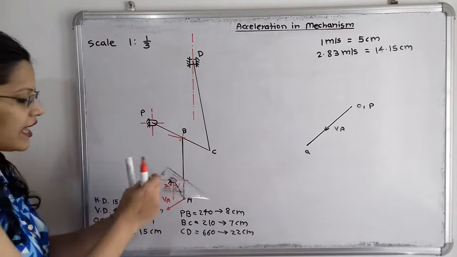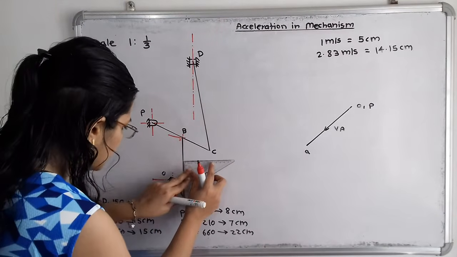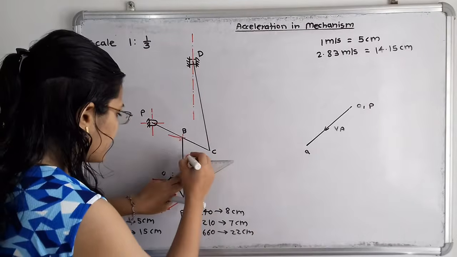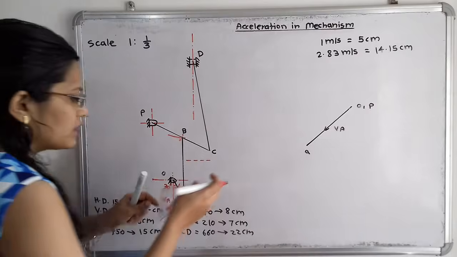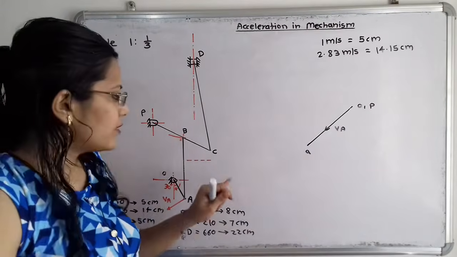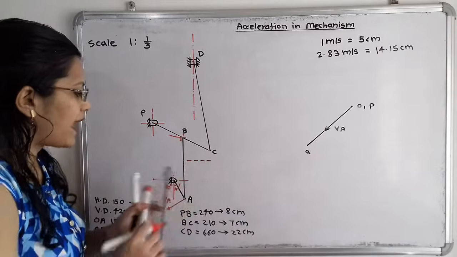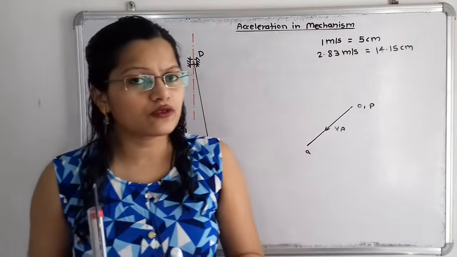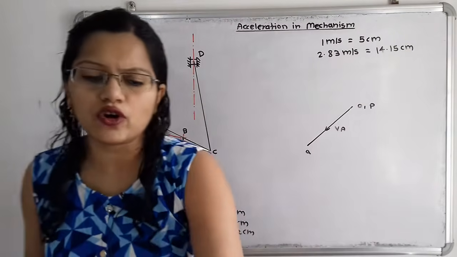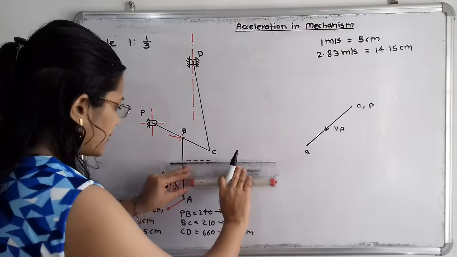I will align one edge to this AB, and from the other edge I will draw a perpendicular line in the form of dash. Now we have to draw one line passing through this point a but parallel to this construction line. On which side do we have to draw this line? Currently we don't know, so I will draw this line on both sides of a.